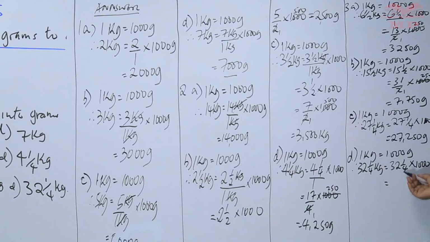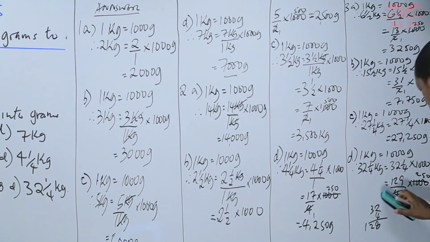So we convert 32¼ into an improper fraction. So 32 times 4, we have 8 here, then 12. 128 plus 1, so 129/4 times 1,000. 4 goes here once, 4 goes here 250.